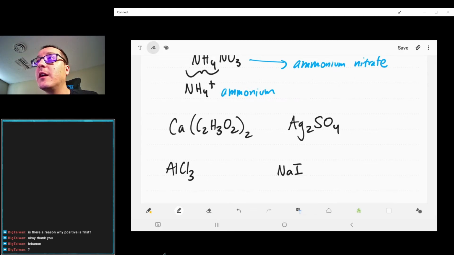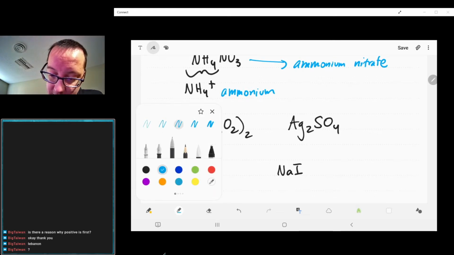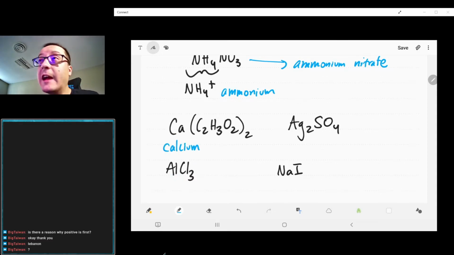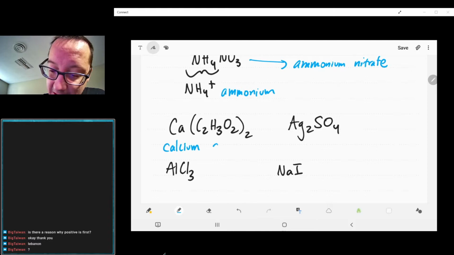Alrighty, so naming these is not hard. It just comes down to figuring out what the names of all of them are. So, Ca is calcium. And we would have to look up what the C2H3O2 business is. And we would see that that is acetate.